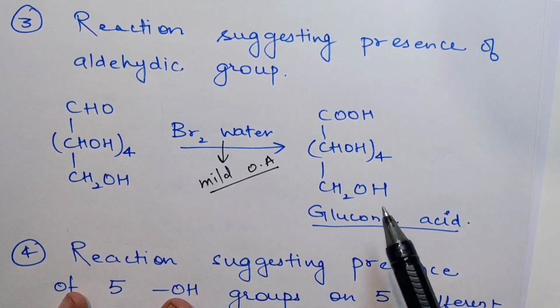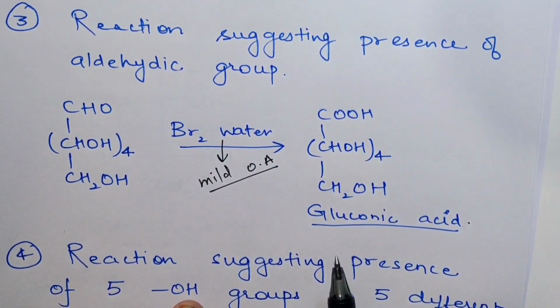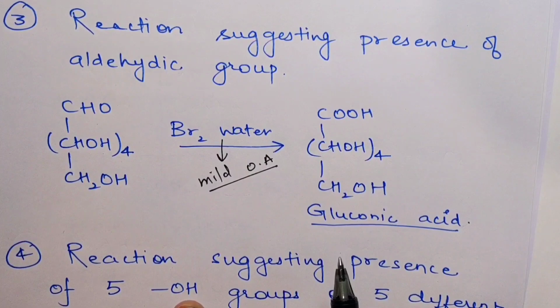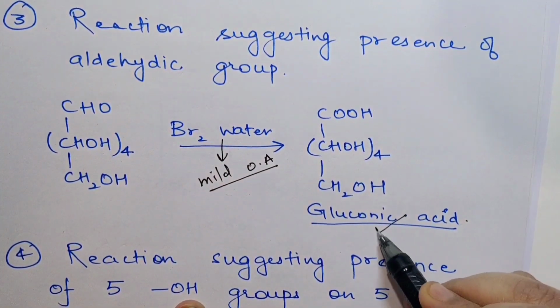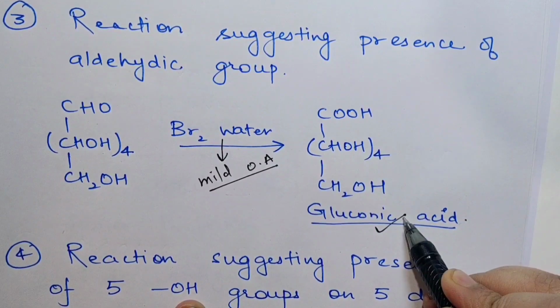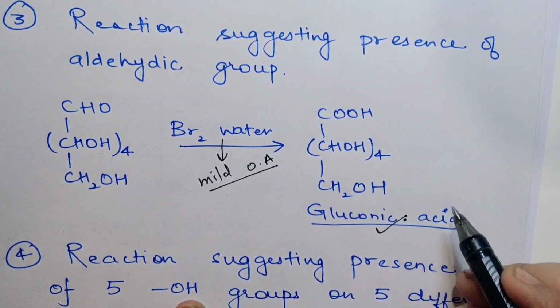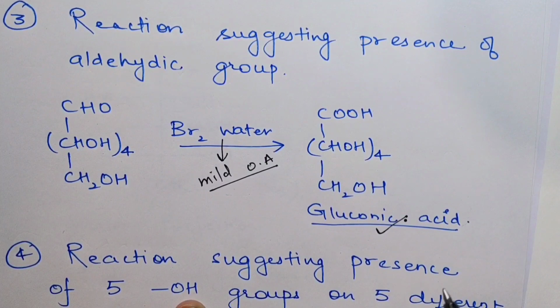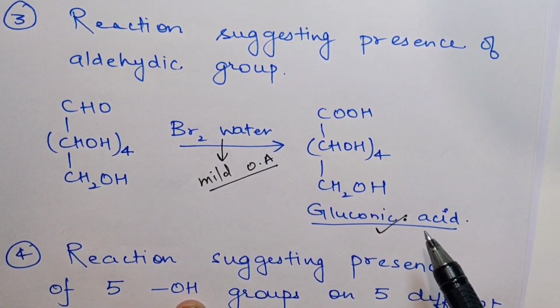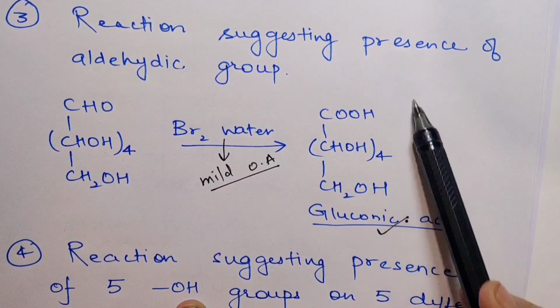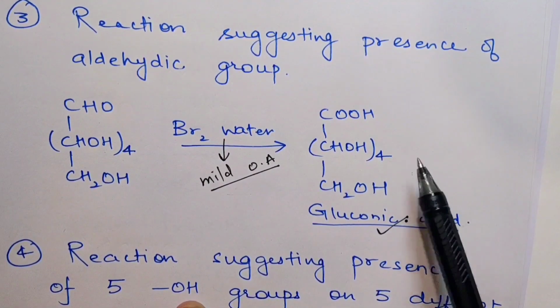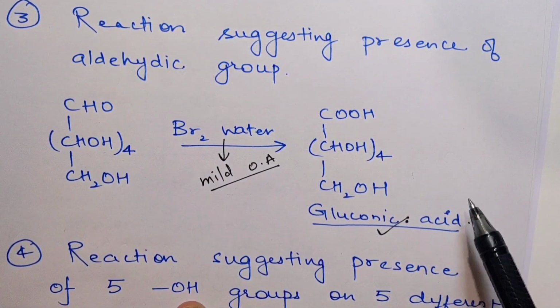Now, if you are asked to write the product formed when glucose is treated with Tollens reagent or Fehling's reagent, this is the product. That means glucose gets converted into gluconic acid when treated with Tollens reagent or Fehling's solution because they too are mild oxidizing agents. And apart from that, if you're treating glucose with Tollens reagent, apart from gluconic acid, you will get Ag, that is silver, in its elemental form.